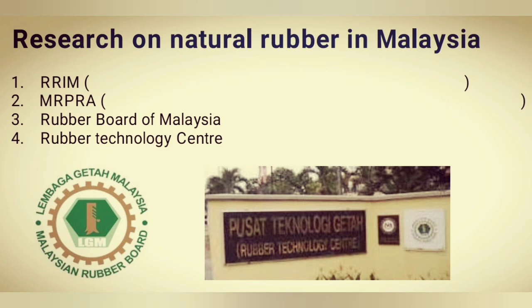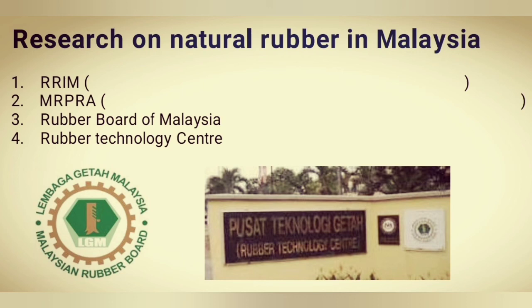Research on natural rubber in Malaysia. The rubber industry helps to bring in foreign exchange for the country. It is important for the country to maintain and expand its research and development on rubber to ensure that the rubber industry remains a major revenue earner for Malaysia.